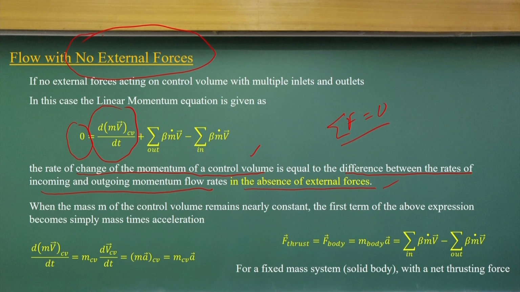So, the problem becomes: the rate of change of momentum within the control volume is equal to the difference between the rate of incoming and outgoing momentum flux in the absence of external forces.